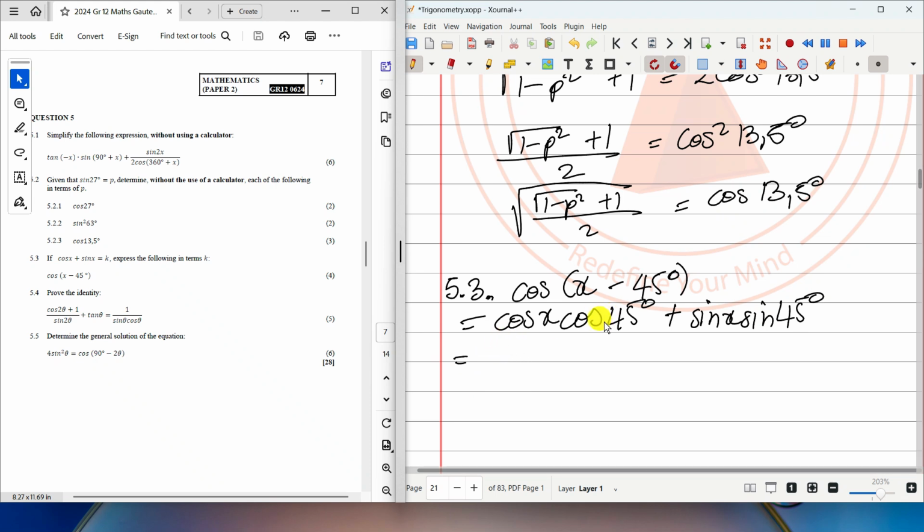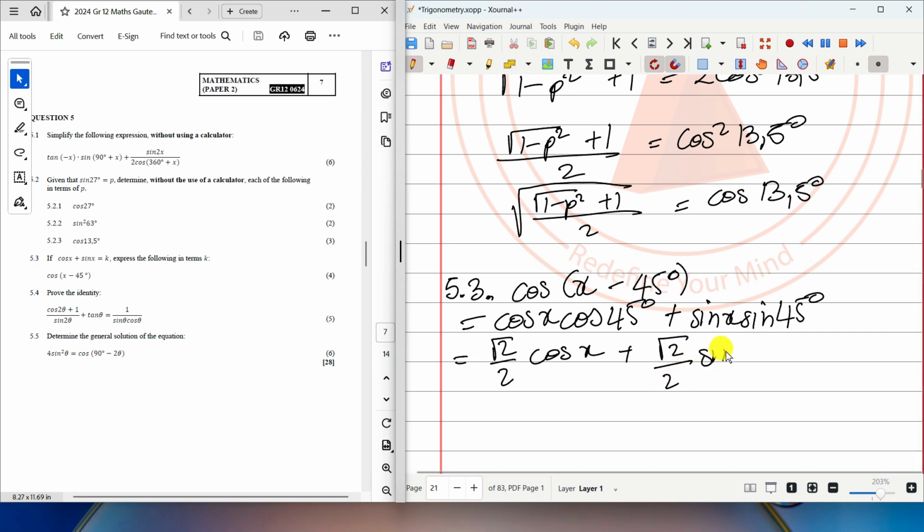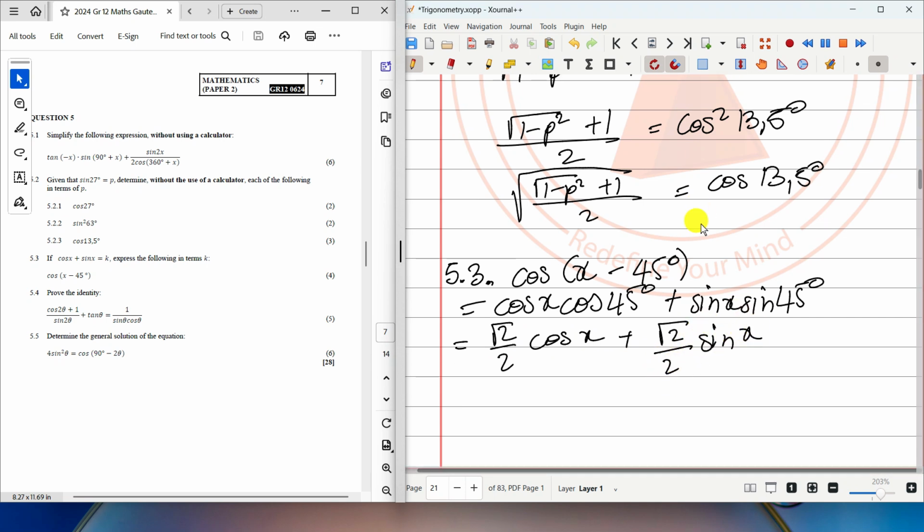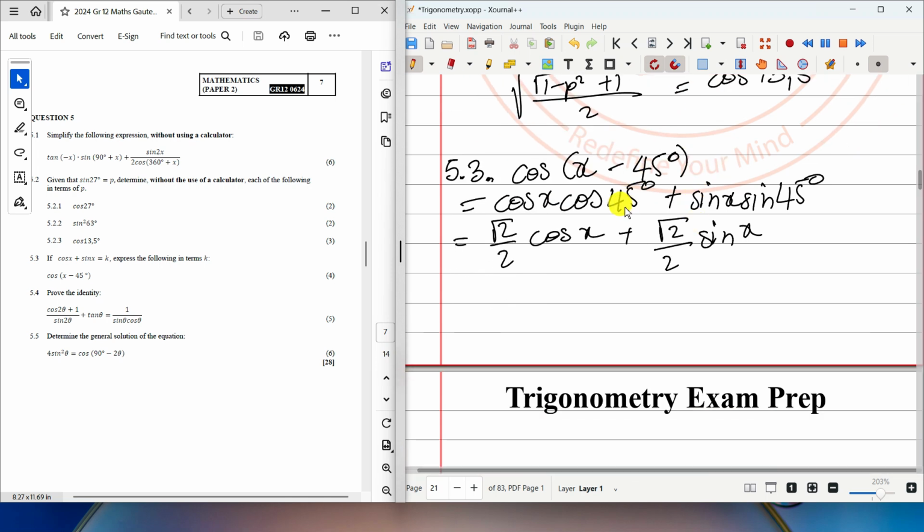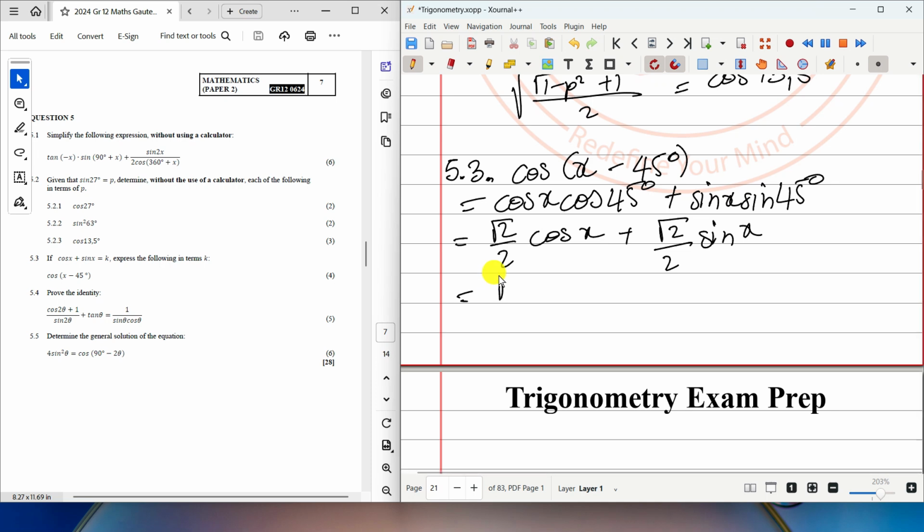Now, what is cos 45? We know it is root 2 over 2 cos x. Again, sin 45, we also know that it is root 2 over 2 sin x. Even though they didn't tell you with or without a calculator, you can just get it directly from your calculator. So we can see there's a common factor here, which is root 2 over 2.